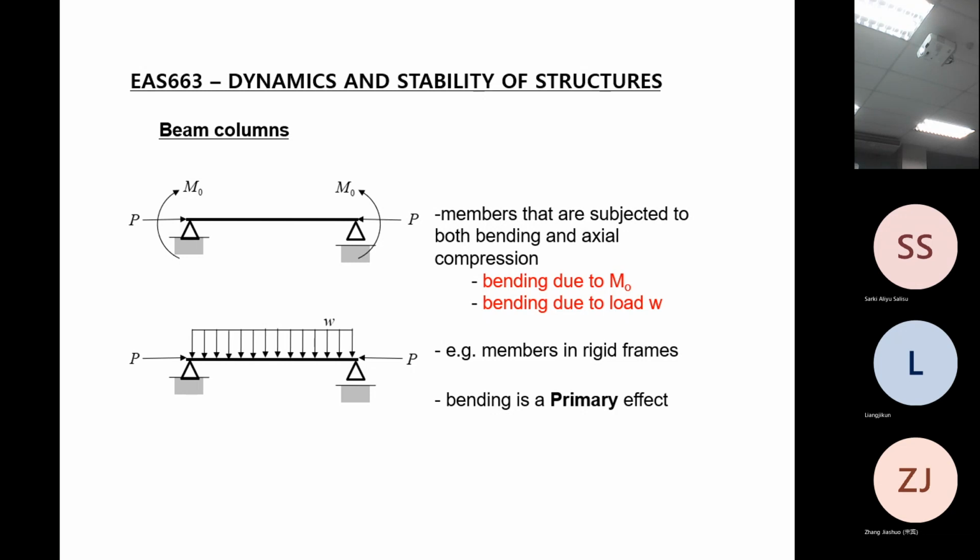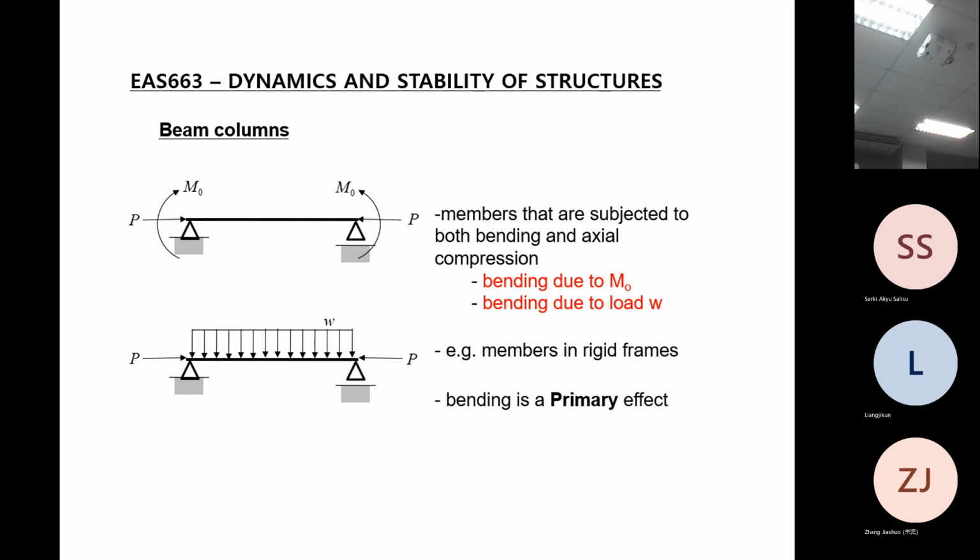So the bending can be caused by end moment. This end moment can come from the moment next to this, the member next to this, because this member might be connected to other member, and this end moment can come from the member next to this member, or the bending can be due to loading, distributed load, point load, or triangular load. Okay.